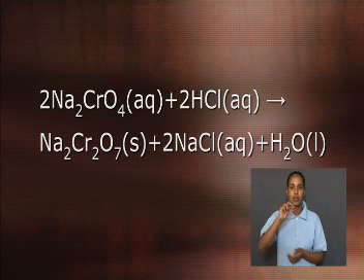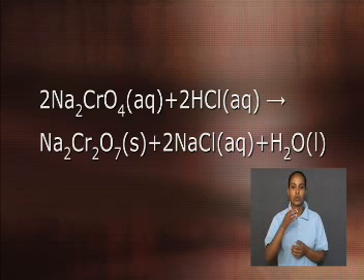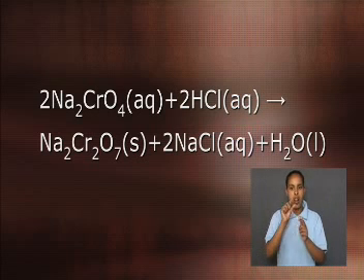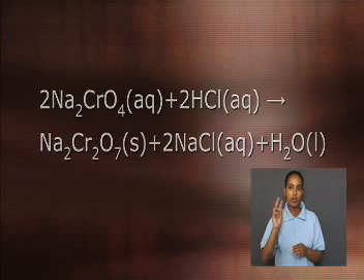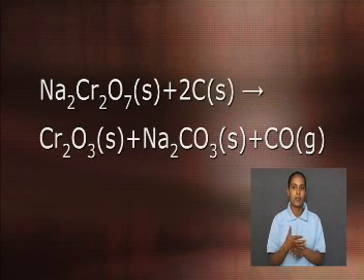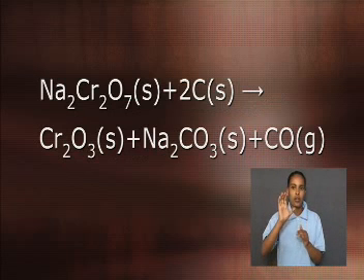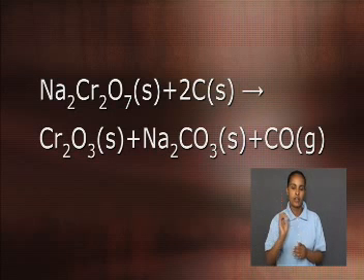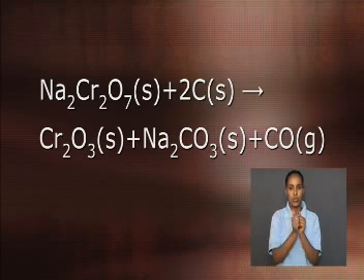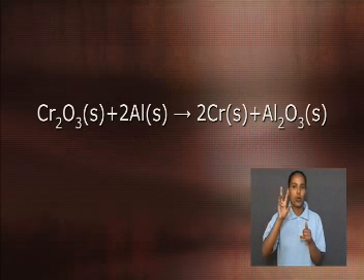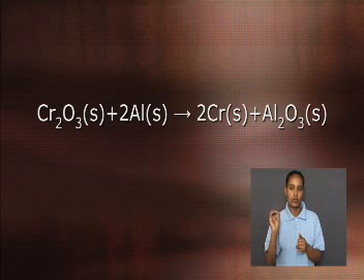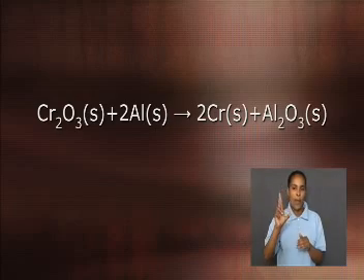The sodium chromate solution is acidified to convert it into a less soluble sodium dichromate. Then, sodium dichromate is reduced to chromium-3 oxide by heating it with carbon. And finally, the chromium-3 oxide is reduced to chromium by aluminium.